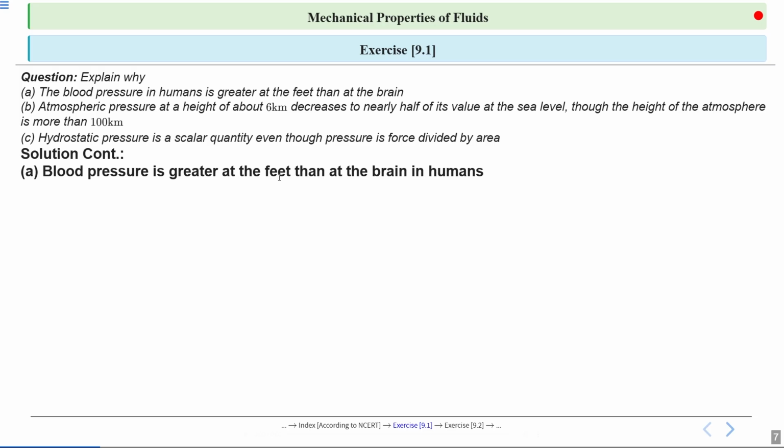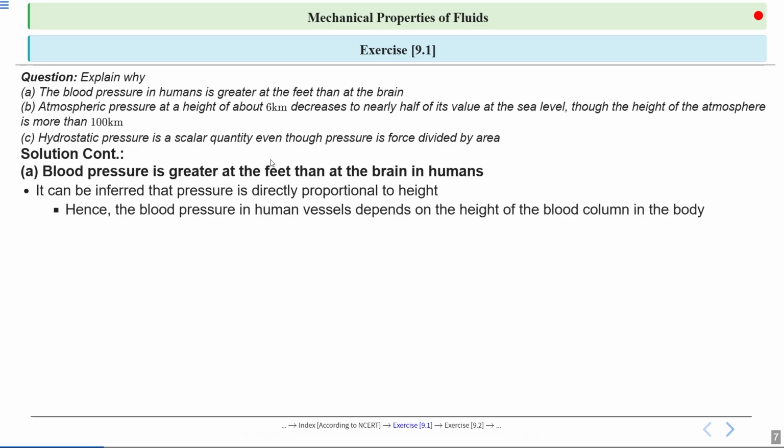So blood pressure is greater at the feet than at the brain in humans. It can be inferred that pressure is directly proportional to height. Hence, the blood pressure in human vessels depend on the height of the blood column in the body. The higher the column, the more weight it has, and the greater the pressure at the bottom.